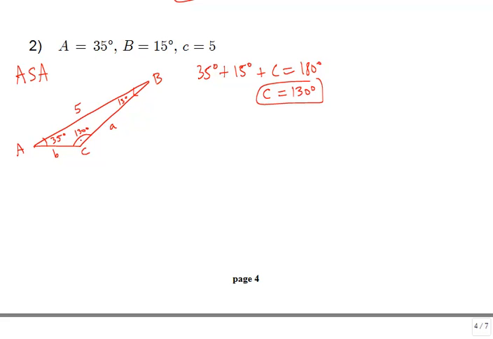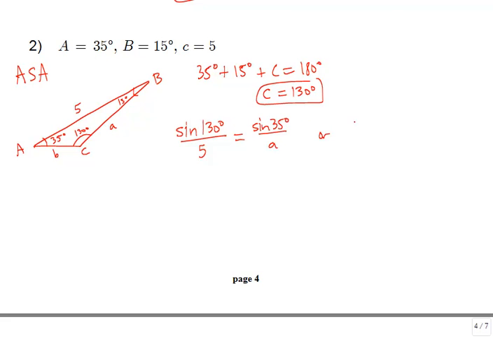We know that angle 130 degrees goes with side 5. So using our proportion, sine of 130 degrees over the opposite side 5 has to be, if I wanted to find side A, then I would use sine of angle A, which is 35 degrees, over little a.